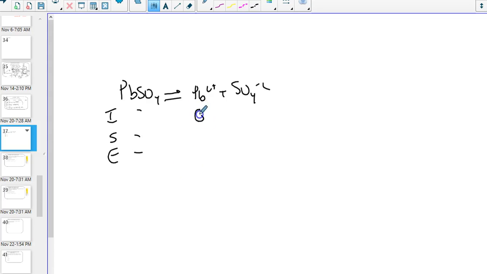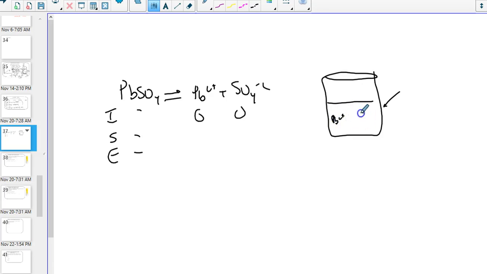I have none of this to begin with, so I'm just pouring it into empty water. As I pour it into empty water, this is 0. I'm going to get 1 lead and 1 sulfate. So plus x, x, and x.